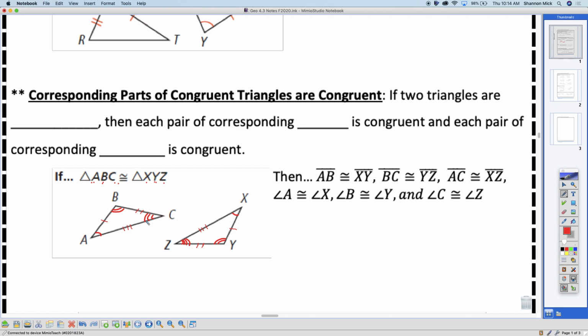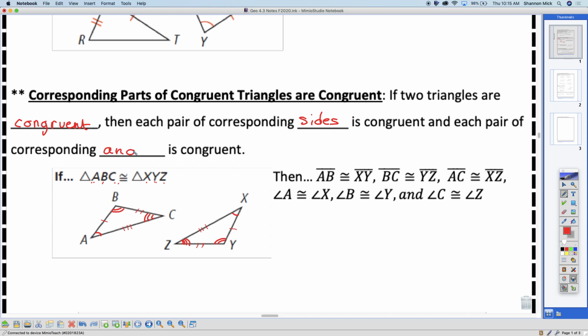So, if 2 triangles are congruent, then each pair of corresponding sides is congruent, and each pair of corresponding angles is congruent.